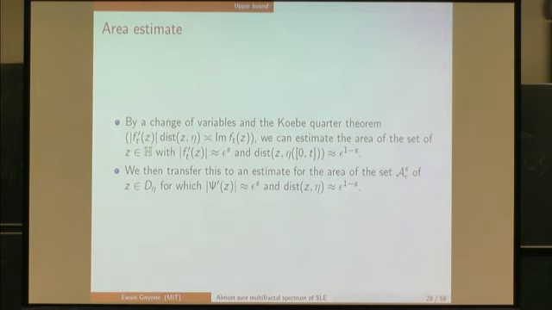So then we argue that the probability that a point satisfies these conditions, the probability that f_t prime of z is of order epsilon to the s, and the distance from z to the curve is of order epsilon to the 1 minus s, does not depend too strongly on the point z. So this allows us to transfer the estimates for the expected area of our set to estimates for the probability that a given point satisfies these two conditions.